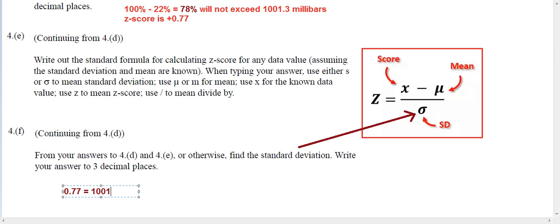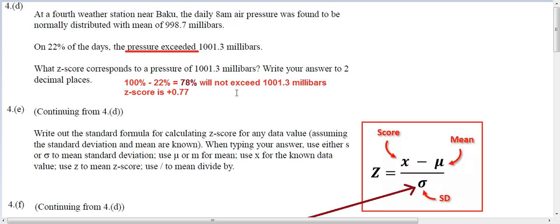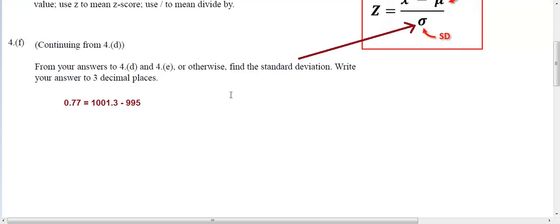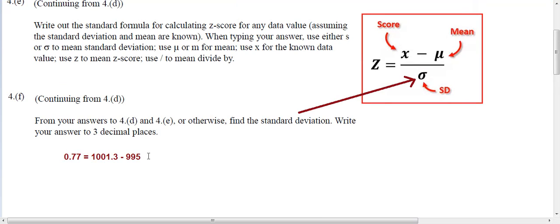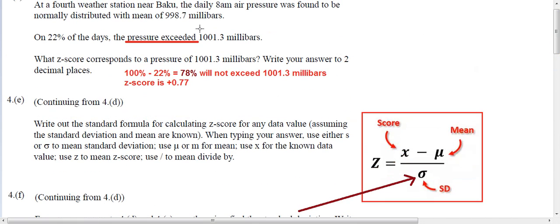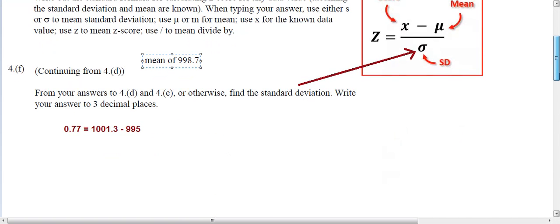1001.3 millibars minus the mean. I think the mean is 995. Oh, I have to check the mean. No, the mean is 998.7. We really need to see this, so let me copy the mean here and bring it to solve this question.